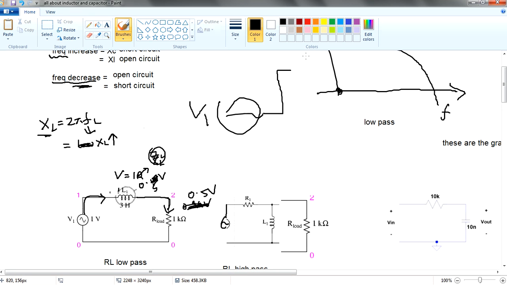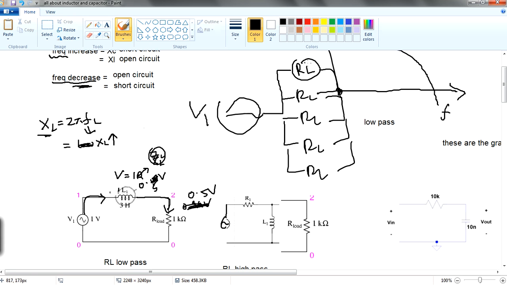You connect it to a whole lot of RL low pass filters. Perhaps individually some will have higher frequency, some will have low frequency. So this is like your music.